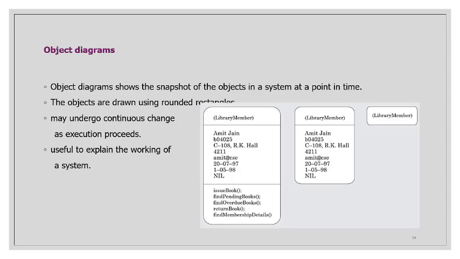An object diagram may undergo continuous changes as execution proceeds, and it is very useful to explain the working of a system. In some state, whatever the value of the system is, this object diagram can show it.